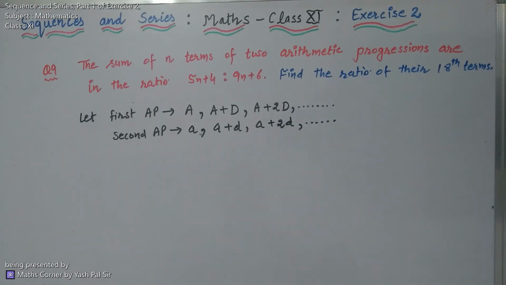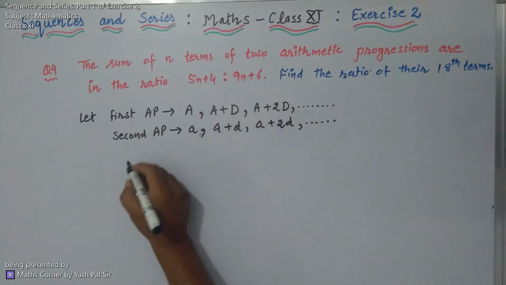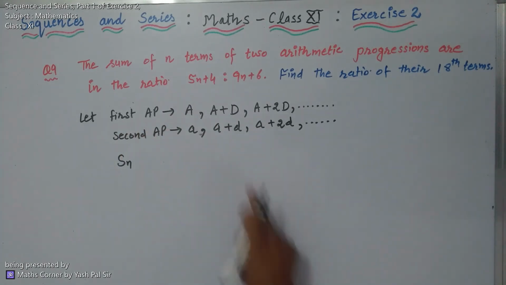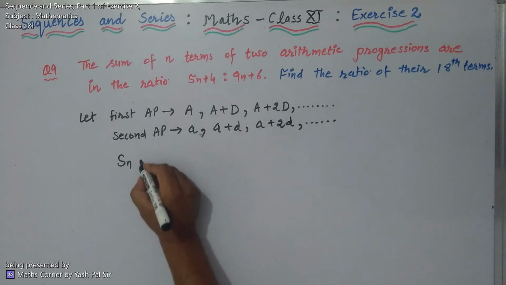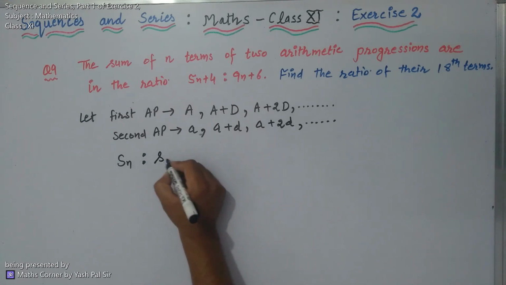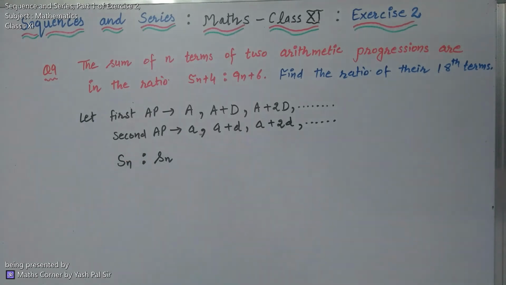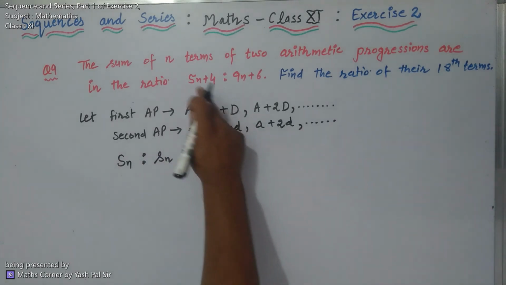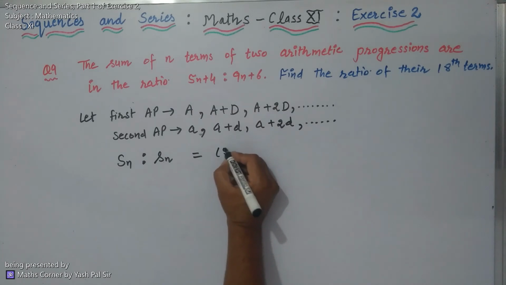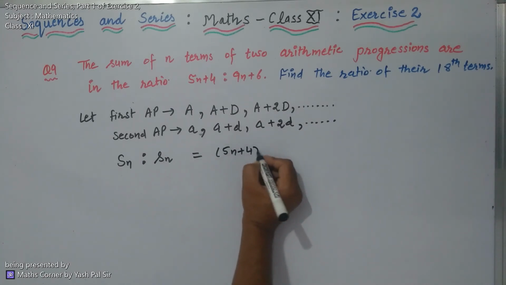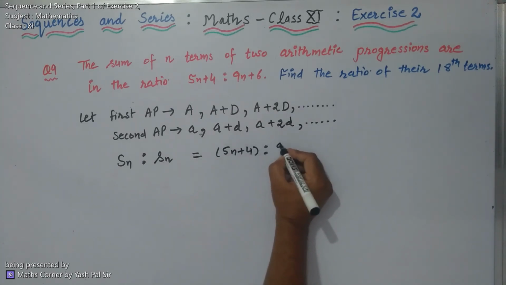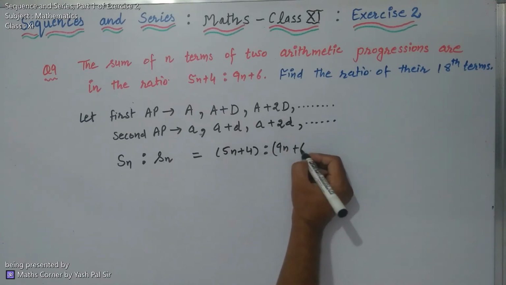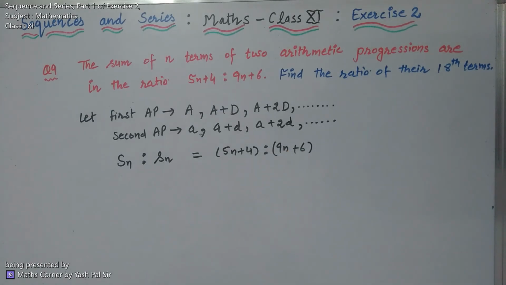Now what is given here? Capital Sn is the sum of first n terms of the first AP and small sn is the sum of n terms of the second AP. This is given to be equal to 5n plus 4 ratio 9n plus 6. Right?